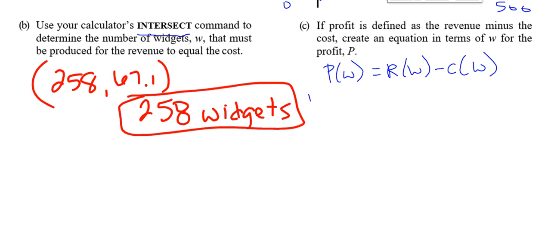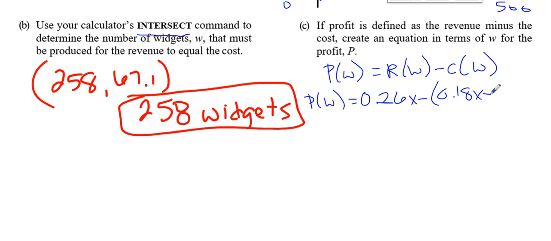So I have my profit is equal to my revenue, which is 0.26x, minus the cost, which was 0.18x.